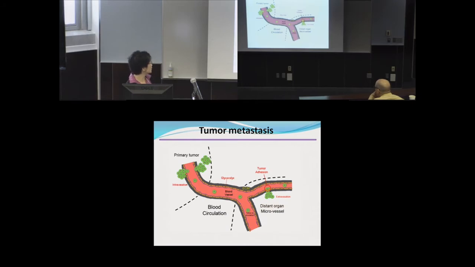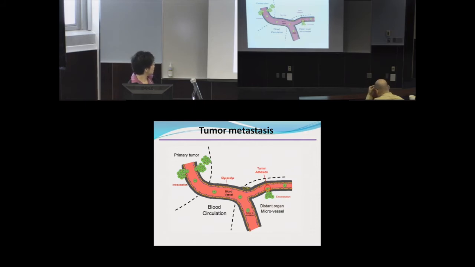Here I just summarize. First, the primary tumor needs to get into the blood circulation, called intravasation. And then they go with the circulating blood, so they're called circulating tumor cells. They adhere and rest somewhere in a distant organ. So this is a lot of story: seed and soil, or the flow pattern, or geometry, or many things.